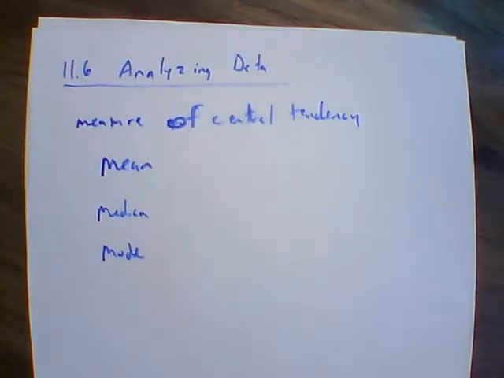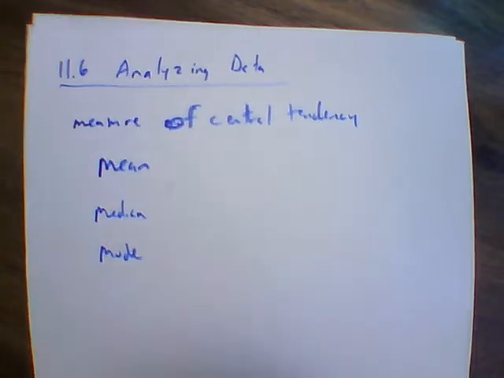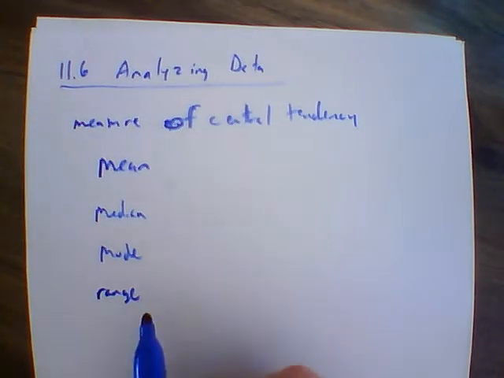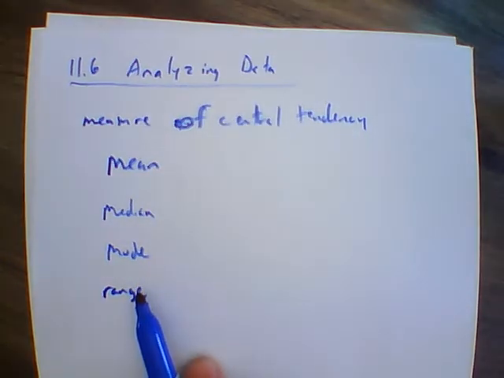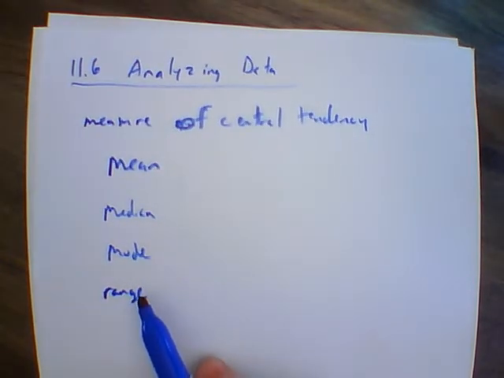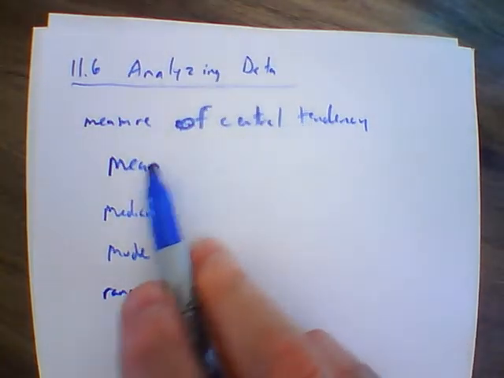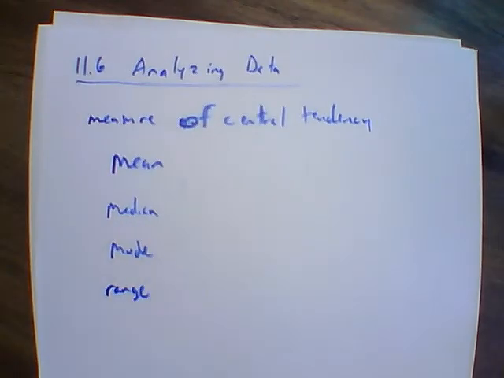Each of these has a very specific time in which we use it, and we want to reference what's going on with it. Also on this, we also talk about the range. Once again, it's not listed with our measure of central tendency because this is our extremities, but it does give us a way of then comparing what's centralized within here.